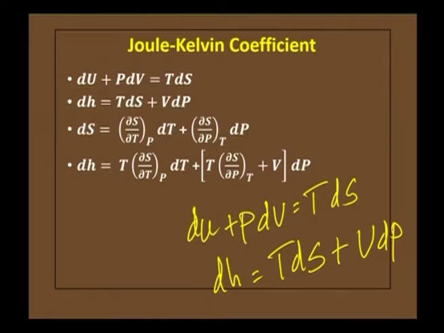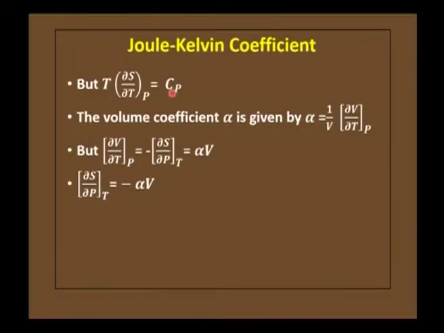Therefore, differentiating this S, I have dS is equal to dou S by dou T at constant pressure with respect to dT plus dou S by dou P at constant temperature with respect to dP. Therefore, dH is nothing but T into dou S by dou T into dT plus T into dou S by dou P of T plus V into dP. This equation is obtained by substituting the value of dS, but we know that T into dou S by dou T of P is equal to Cp.